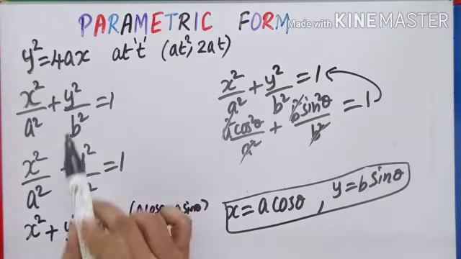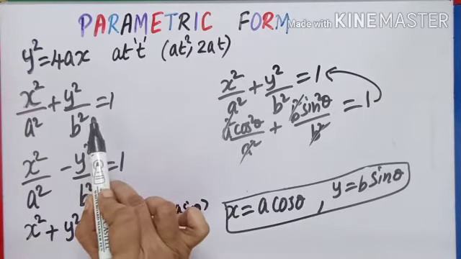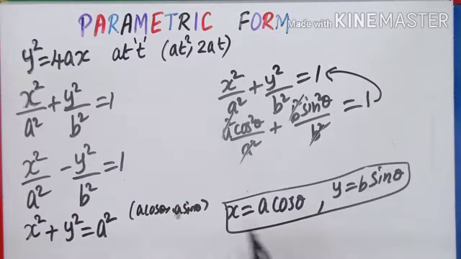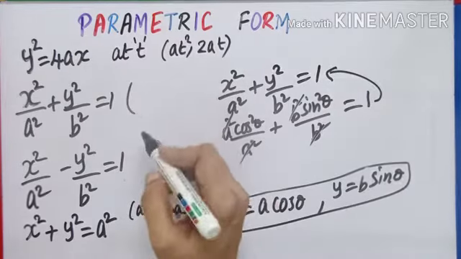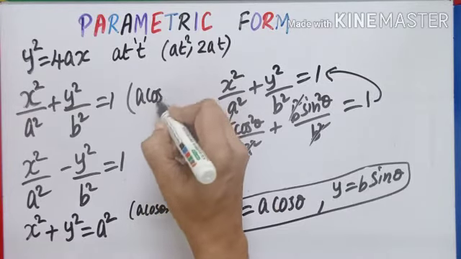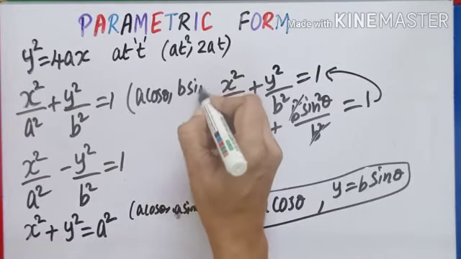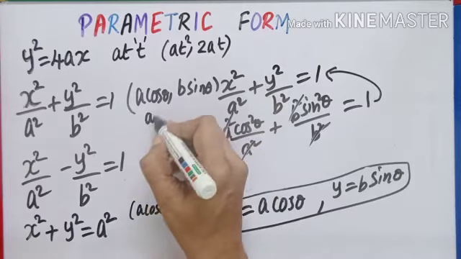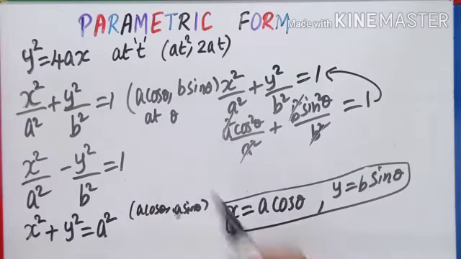So parametric equations for an ellipse: we say x is equal to a cos theta, y is equal to b sin theta, and if I want the point form, I call a cos theta, comma, b sin theta. This we say at theta. This we say at t.